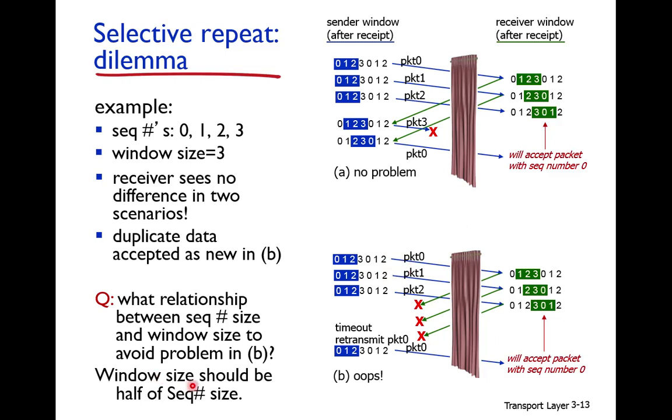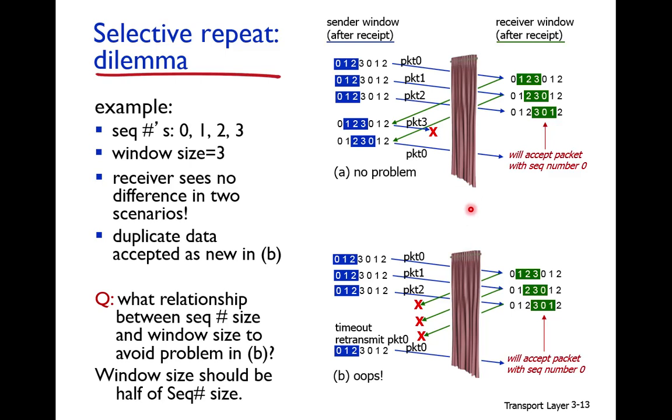The window size should be half of the sequence size, then this problem will not happen. It means the sequence number size should be double the window size. If the window size is 4, then the sequence size should be 8. If the window size is 8, then the sequence size should be 16. Then this problem will not happen.